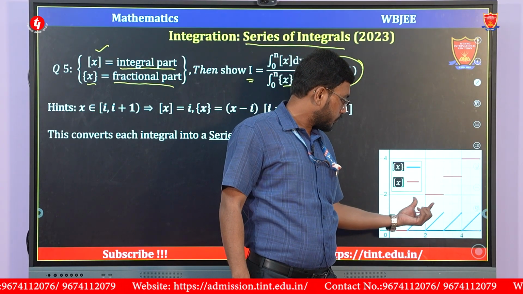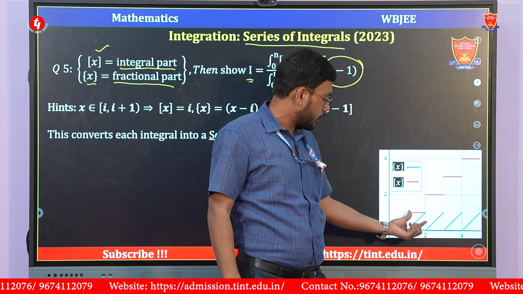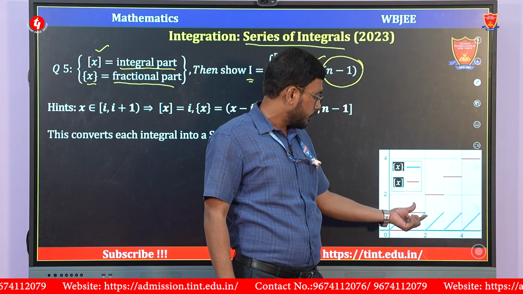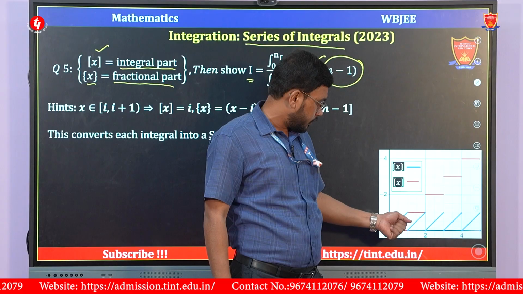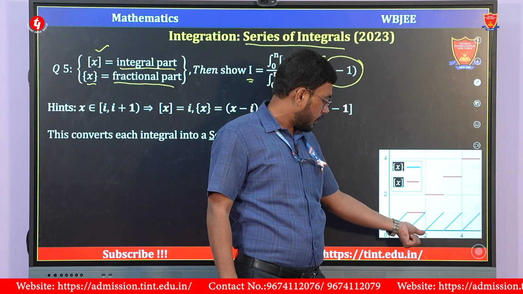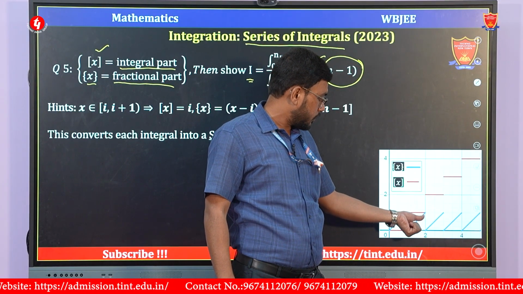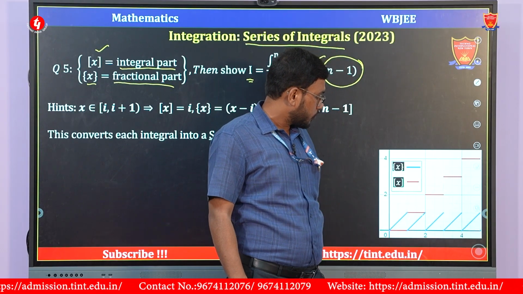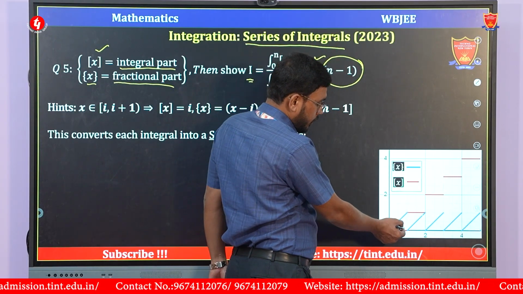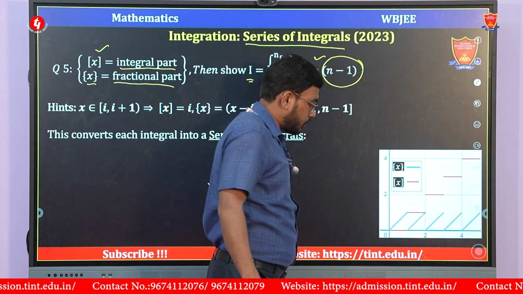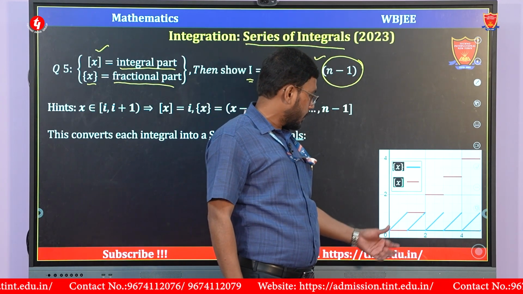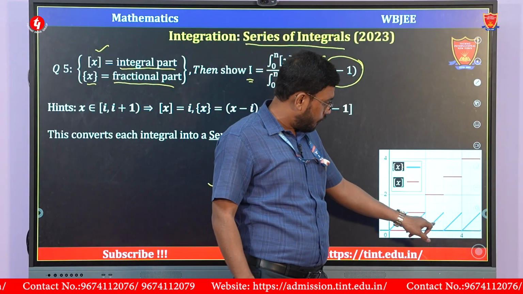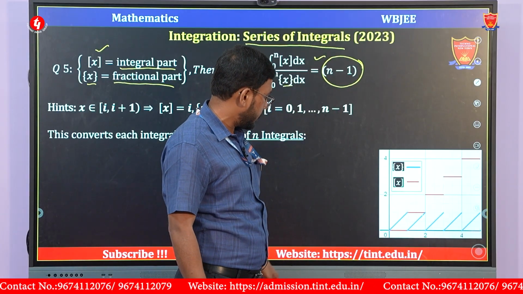You can see the characteristic of box x: it is a discontinuous function, because at the point x equal to 2 there is a break, similarly at x equal to 3 there is a break, and similarly at x equal to 1. So, this is a discontinuous function, and similarly the fractional part of x is the blue line mentioned here.